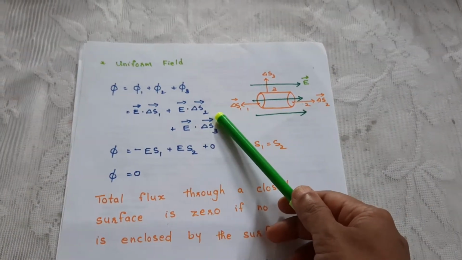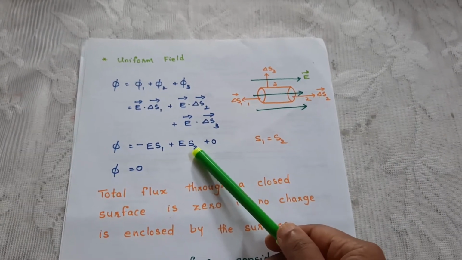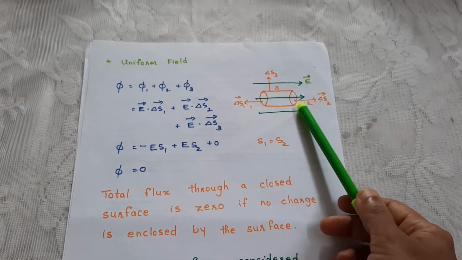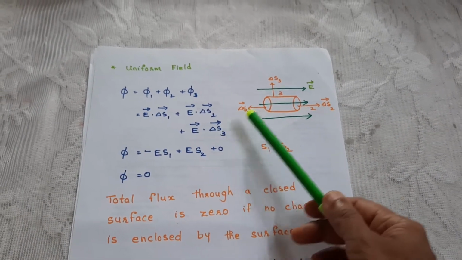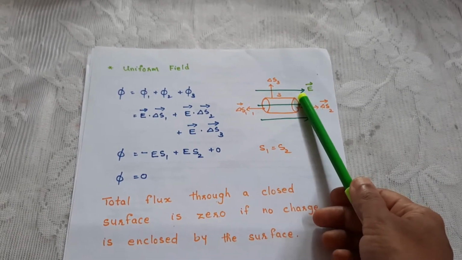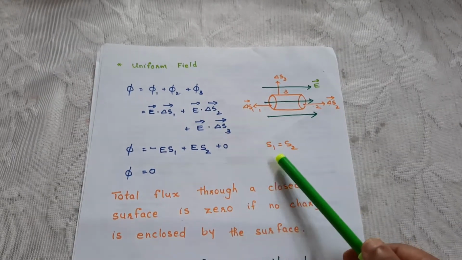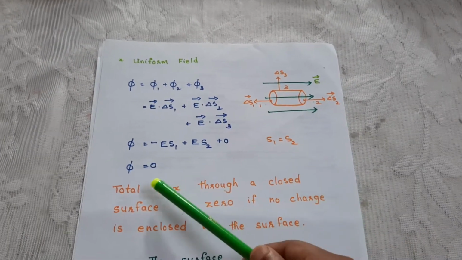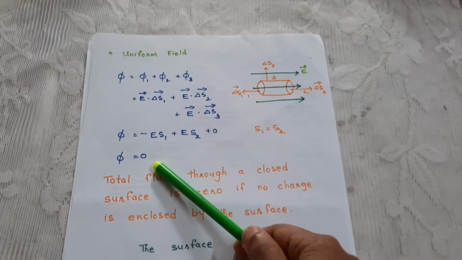So E dot delta S2 is plus E S2. S2 is the area of the other end face, plus 0, because for the curved surface, the area vector is normal to the electric field, so the dot product is 0. But S1 is equal to S2, so the total flux through the cylindrical surface is 0.